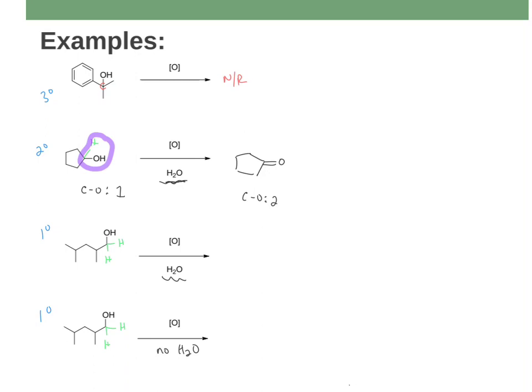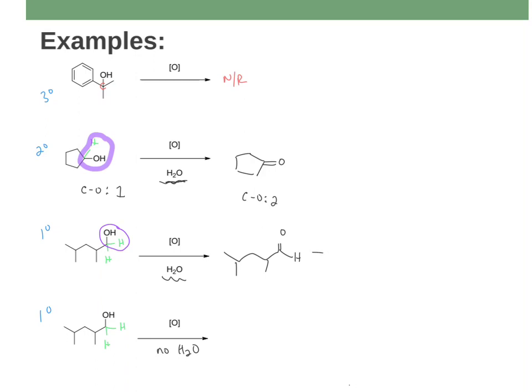So for this one, I'll do this again here. I have an OH and an H that are going to get turned into the aldehyde. So if I draw that structure, it's going to look something like this. Where I left that H on there, that was one of the green H's.